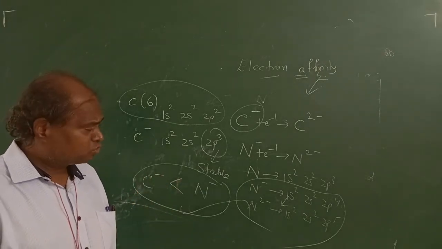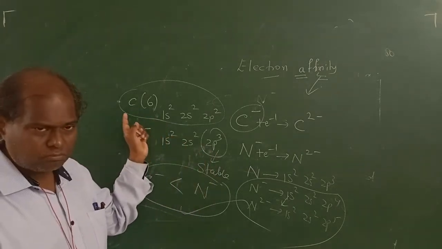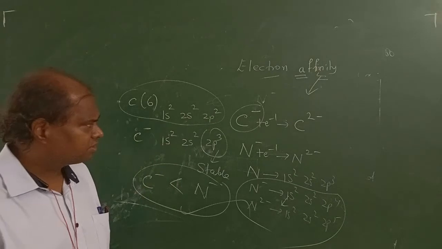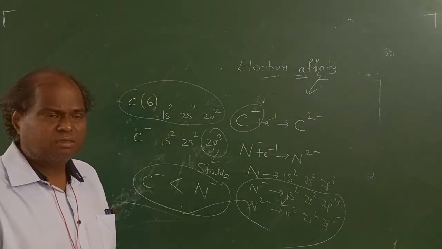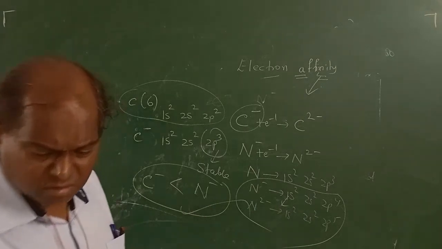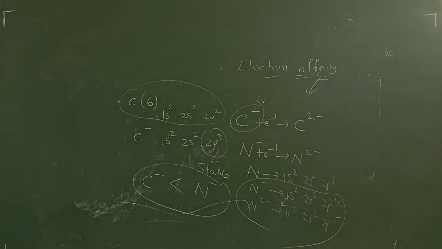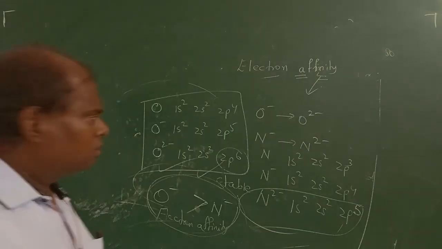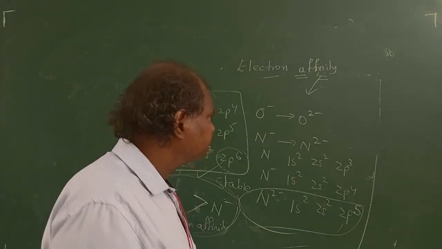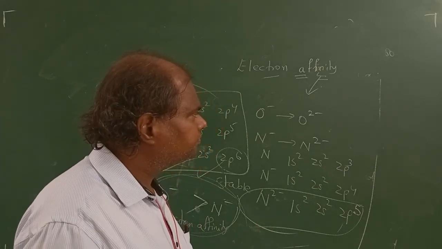So students, all these questions, you can do if you are able to write the electronic configuration. Just go by half fill, completely fill, right? I hope you're getting it. Note down this, very important. Yes, student, have you noted down this? So it's all about electron affinity, right?